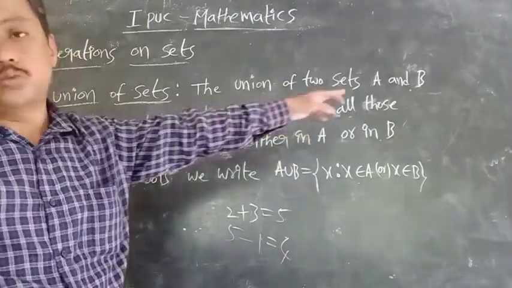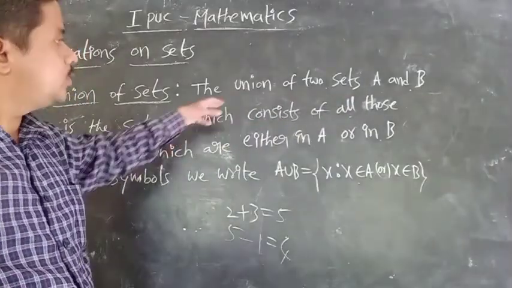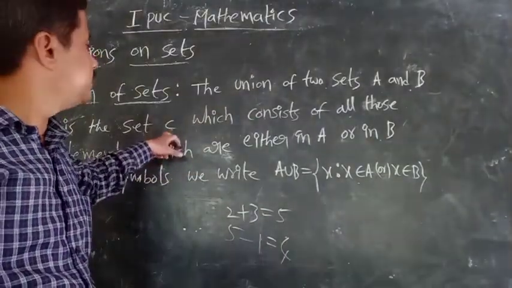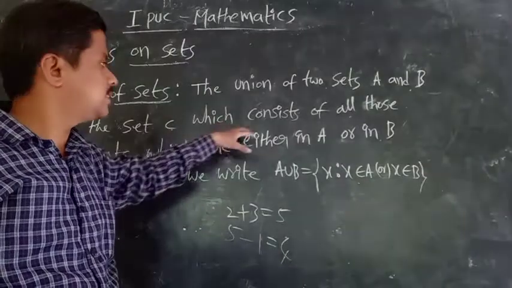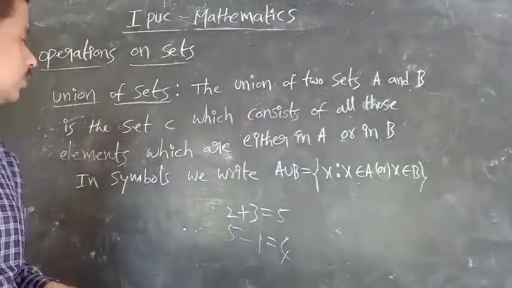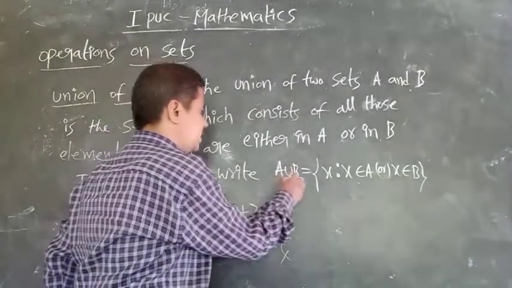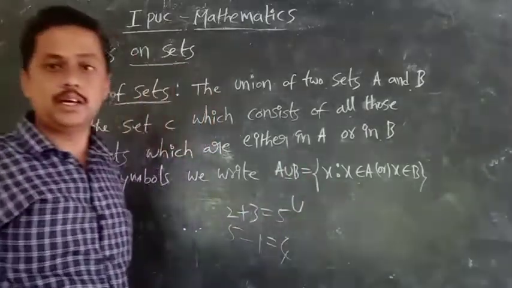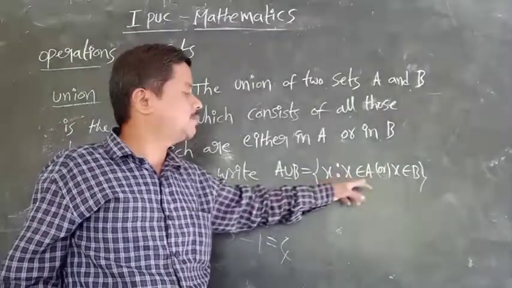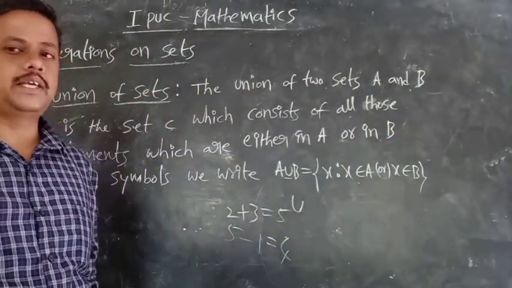The union of two sets A and B is the set C. If you union these two sets, it will become C, which consists of all those elements which are either in A or in B. In symbols we write A union B. This is the symbol of union, U. A union B is equal to X such that X belongs to A or X belongs to B.